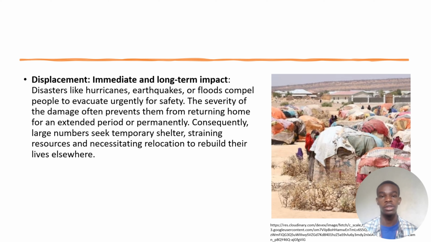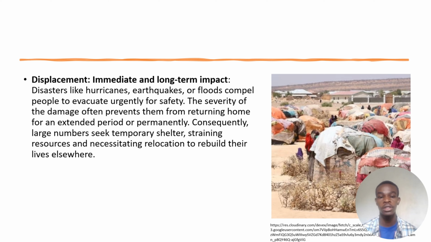The effect of disaster migration is displacement, which can cause immediate or long-term impact. Disasters like hurricanes, earthquakes, or floods compel people to evacuate urgently for safety. As I told you, when people face a disaster, they try to evacuate and find another place for their safety. The severity of the damage often prevents them from returning home for an extended period or permanently.